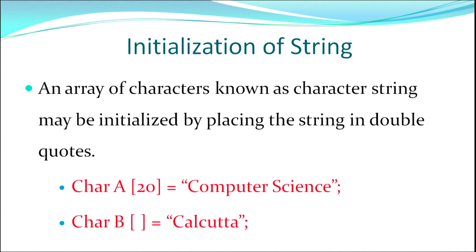Here I would like to mention one more thing: every string or character array is always terminated by a null character. So, whenever you declare a string, you should always keep 1 byte extra for the null character. If I count the number of characters in the array B, I have 1, 2, 3, 4, 5, 6, 7, 8 characters in Calcutta and 1 for null.